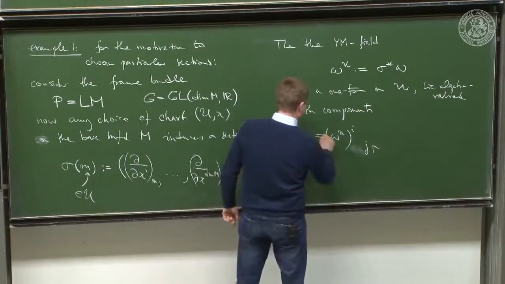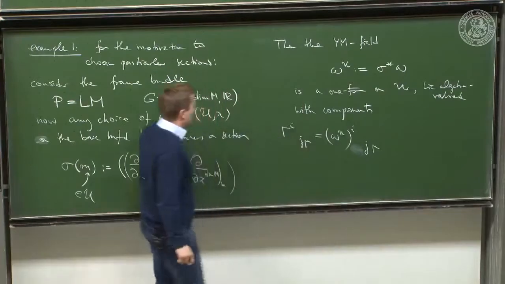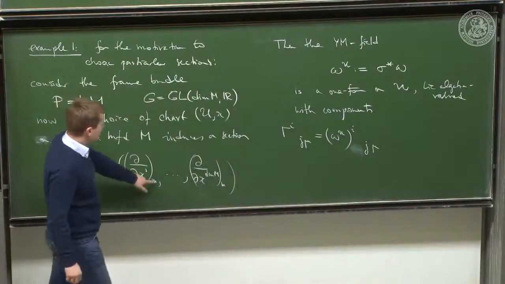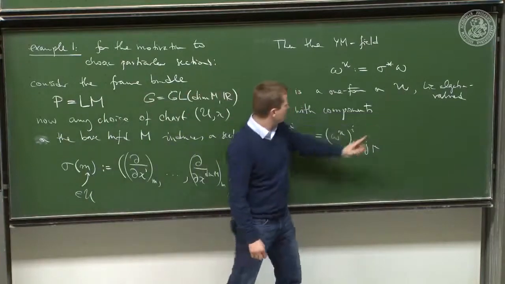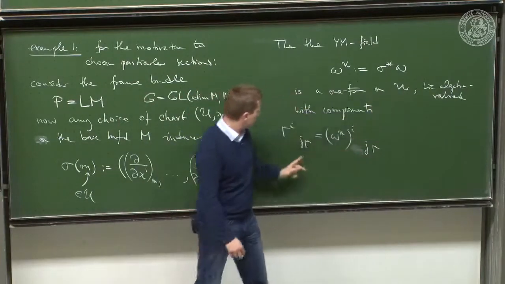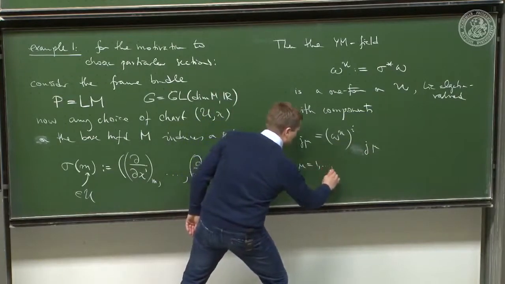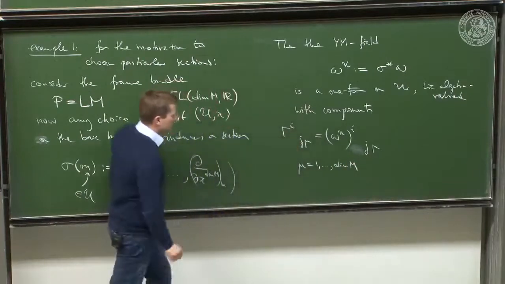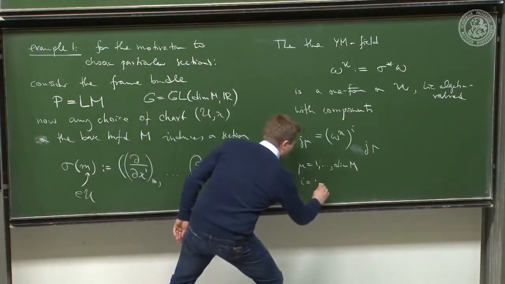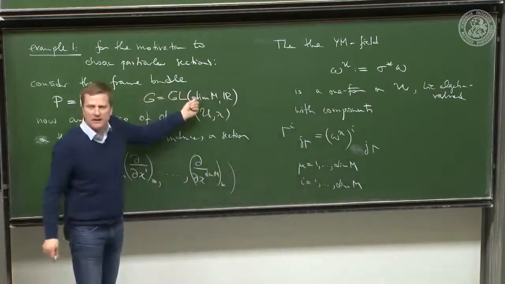And these you usually call gamma^I_(J mu). And you see the mu runs from 1 to dim M because it's a one form on this part of the manifold M. But the I and the J also run from 1 to dim M. Why? Well, because this is GL(dim M).